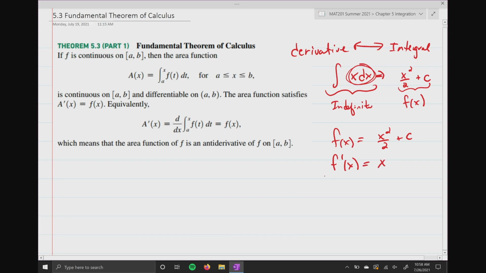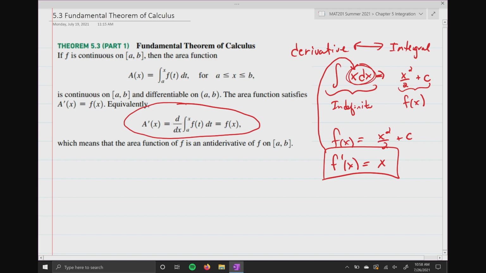So I get f prime of x equals x, which is exactly what we started with here. So that is what this fundamental theorem of calculus part 1 is saying. It's saying if you have an area function, and we're going to call this area function the integral from a to x of f of t dt, then its derivative is going to equal the original function that you would have started with. Okay?